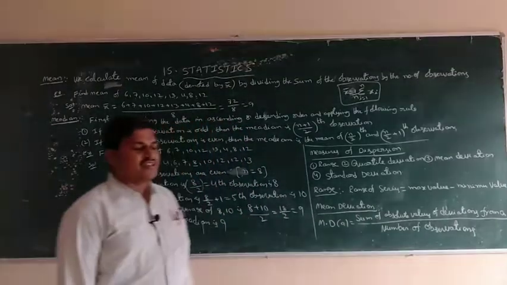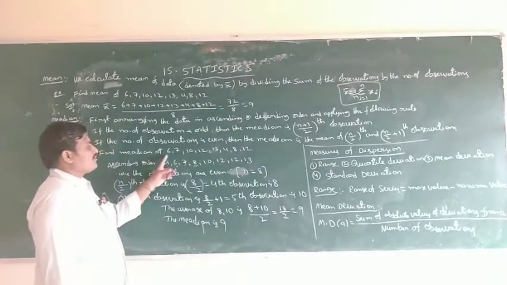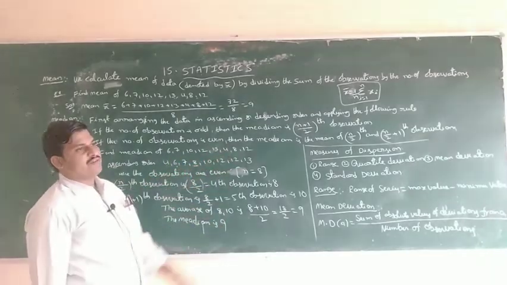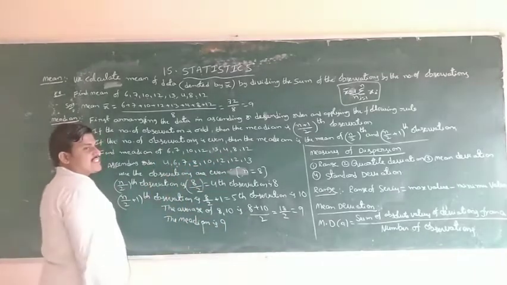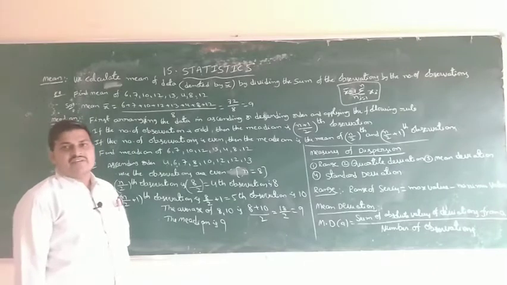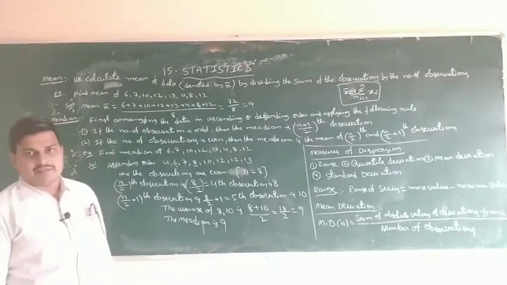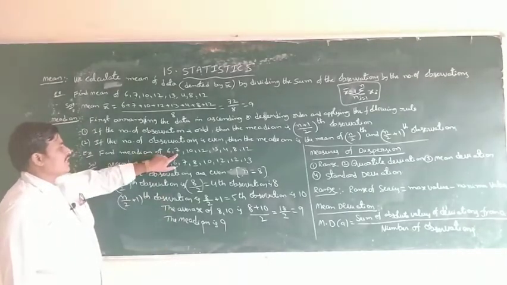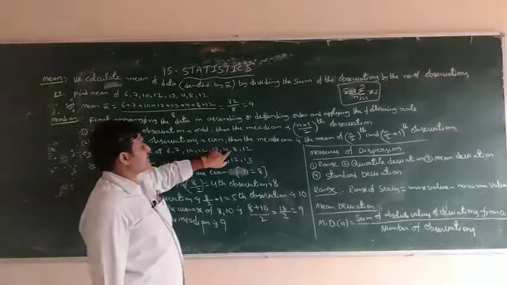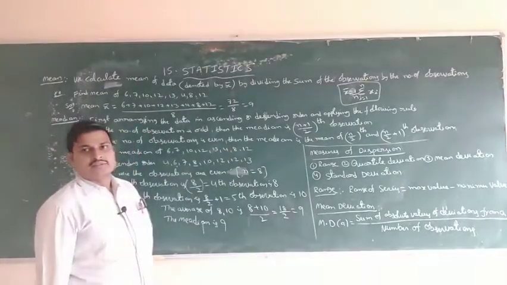The observations are denoted by x1, x2, x3, x4, x5 and so on, that is, xi. The first is x1, x2, x3, x4, x5, x6, x7, x8.